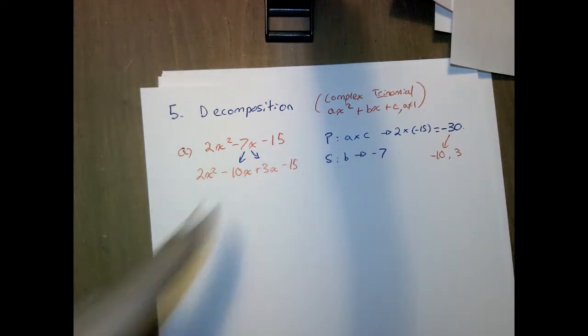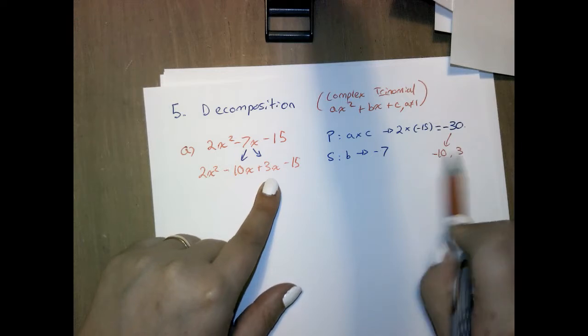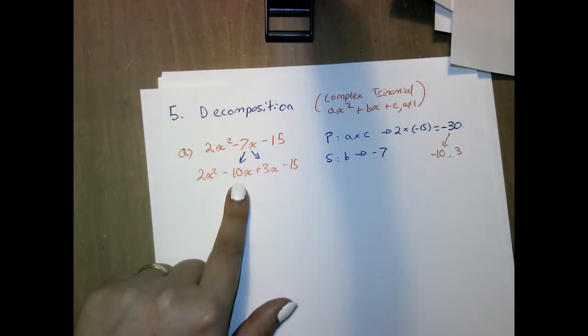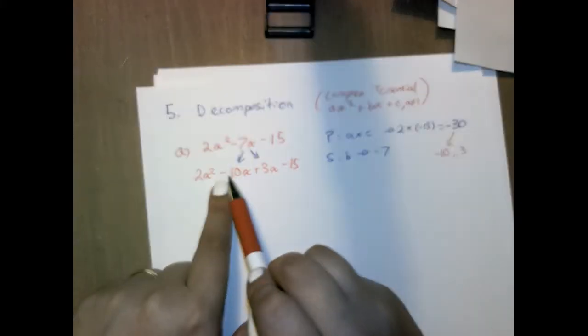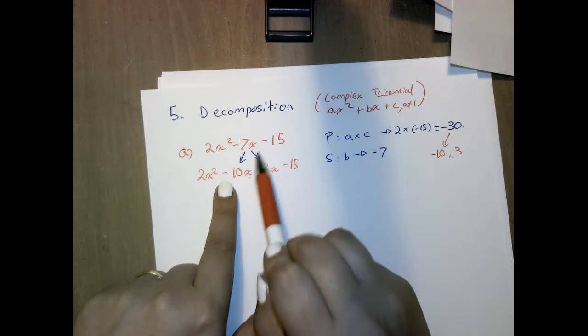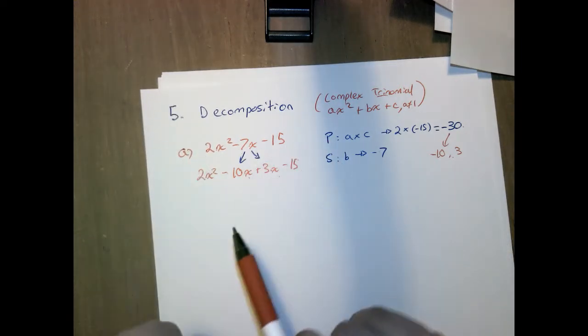So the negative 10 and the positive 3 came from our two factors that multiplied to negative 30 and added to negative 7, right? So because negative 10x plus 3x is the same as negative 7x, we know that this step is equal to this step.